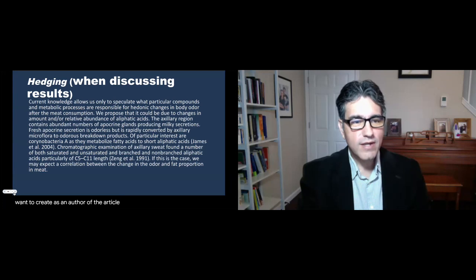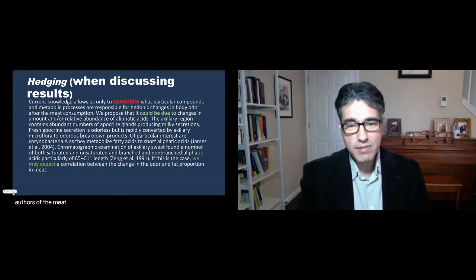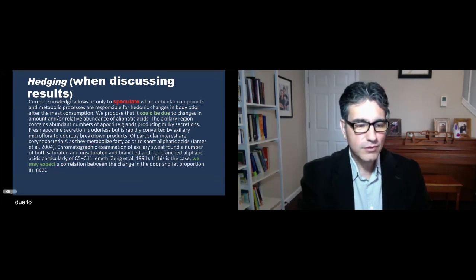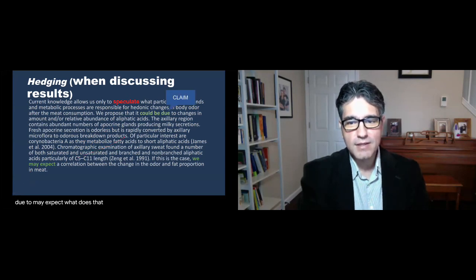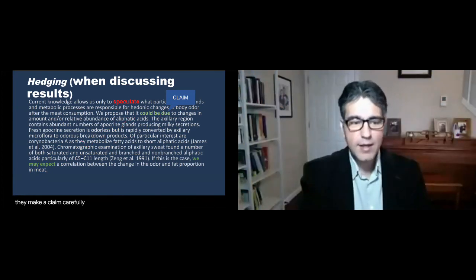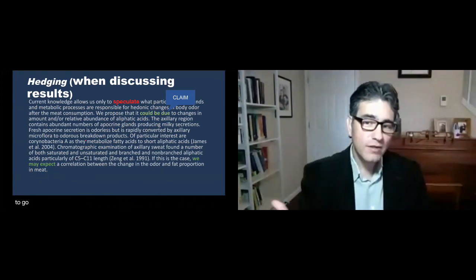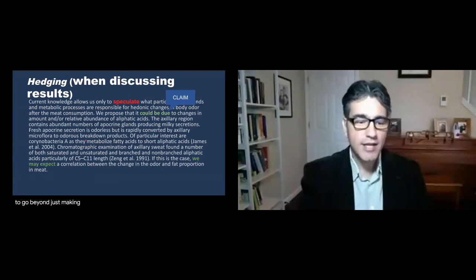So contrast this with the way that the authors of the meat smell article did. They use words like speculate, could be due to, may expect. What does that mean? They're making a claim, but they make a claim carefully, and beyond that, they also recognize that they have to go beyond just making the claim, and they add information to justify that claim.